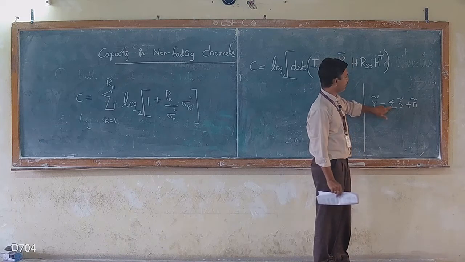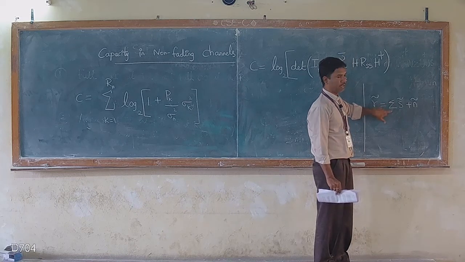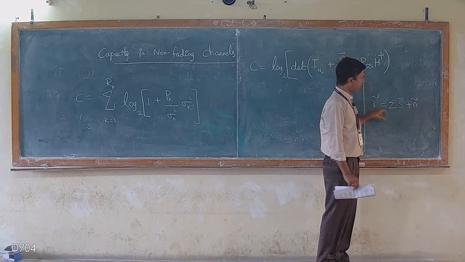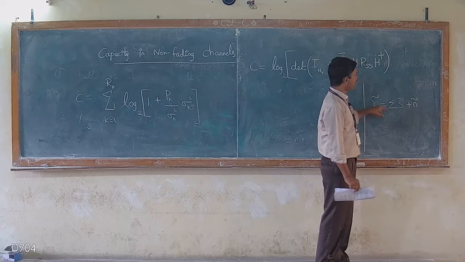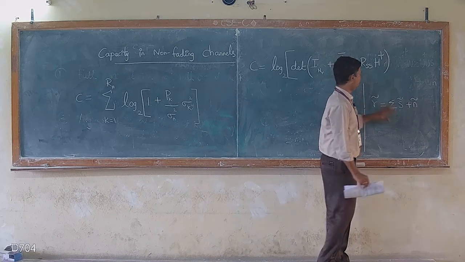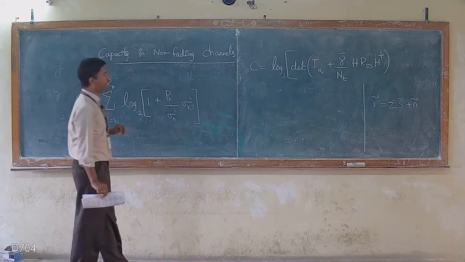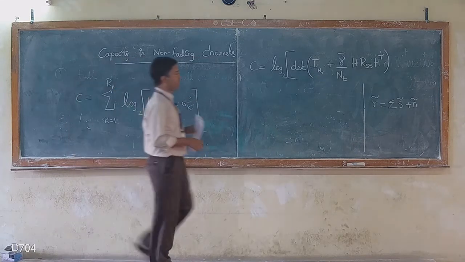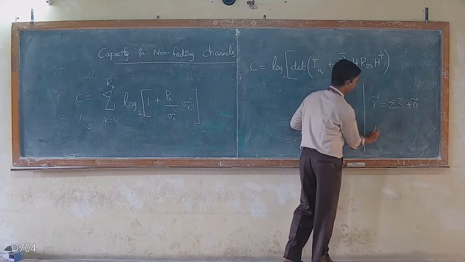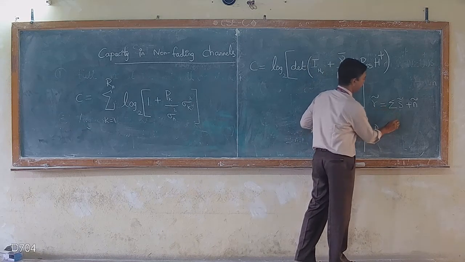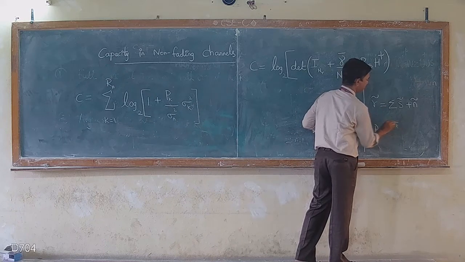Sigma is the diagonal matrix whose entries are the eigenvalues or singular values, and the number of non-zero values are the singular values, and they are going to determine the rank RH. The rank of the matrix is represented by RH, and the entries are represented by sigma k.